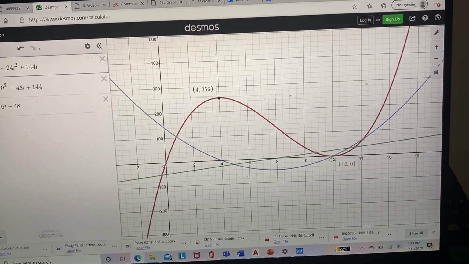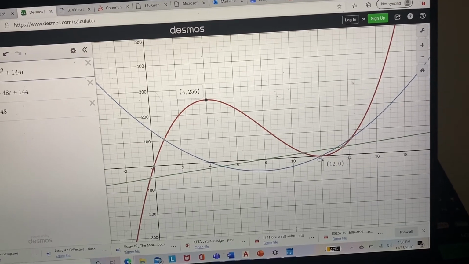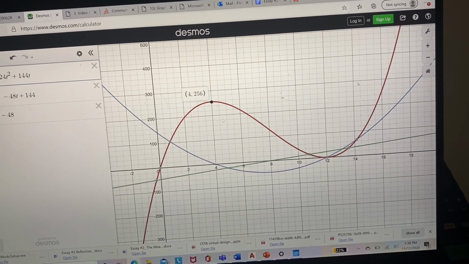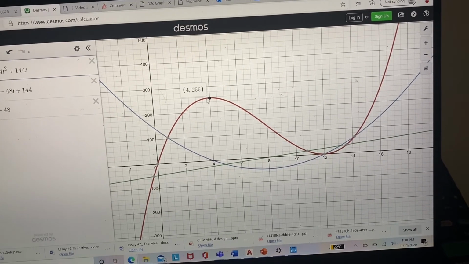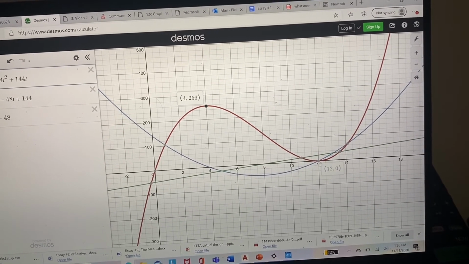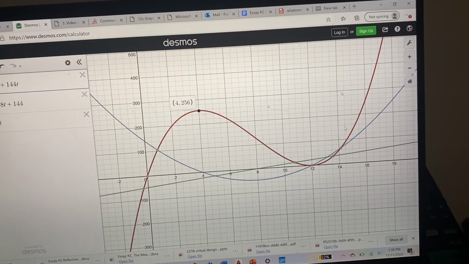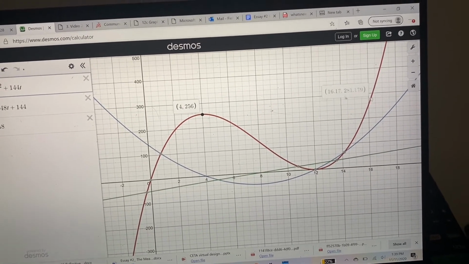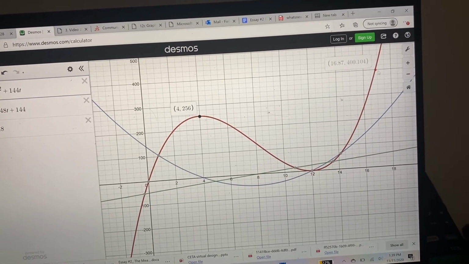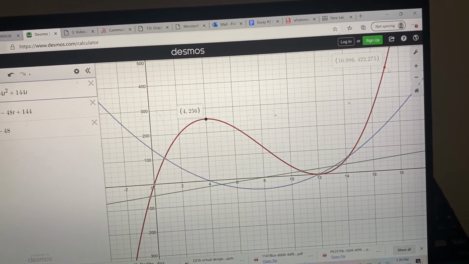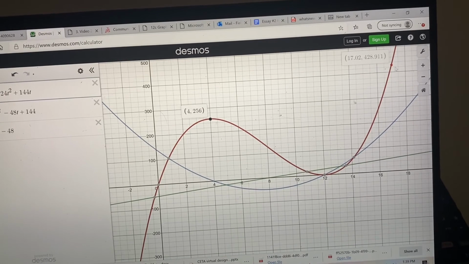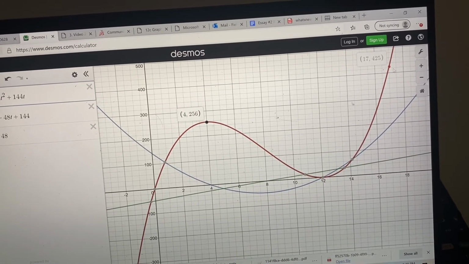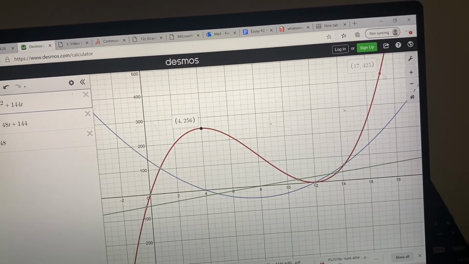From 4 to time 12, it went back the equal distance, so it went 256 centimeters forward, then 256 centimeters backward, and then to find from 12 to 17, I was able to click on the graph and you can drag up till 17. And I was able to see that it is at 425.